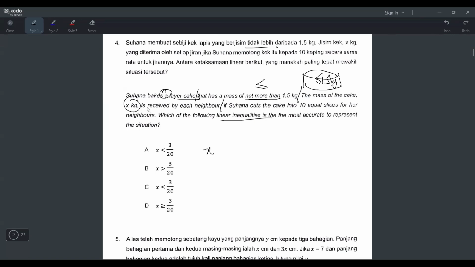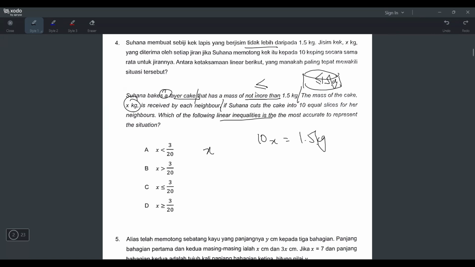And then what happens is the mass of the cake x kg is received by each neighbor if Suhana cuts the cake into 10 equal slices for her neighbor. It means that if I take 10 times x equals to 1.5 kg.